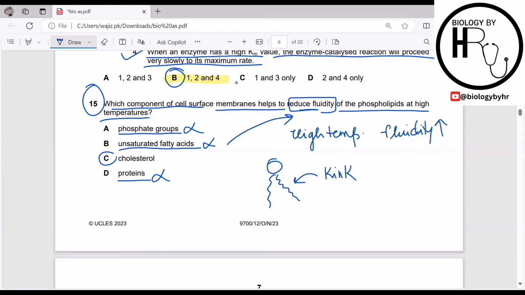So our answer over here will be option C, which is cholesterol. Why would our answer over here be cholesterol? Because cholesterol prevents the membrane from becoming too fluid or too rigid. We can say that it controls the fluidity of the membrane.